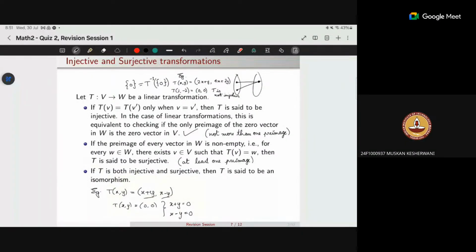But at least in this particular example that we have over here, the simple example, what do you observe about the relation between the first component and the second component of any image vector? Second component is twice the first component. Yeah, so it's of the form some c comma 2c, right? So for example, 1 comma 3 will never be an image of this transformation, will not be in the image of this transformation.